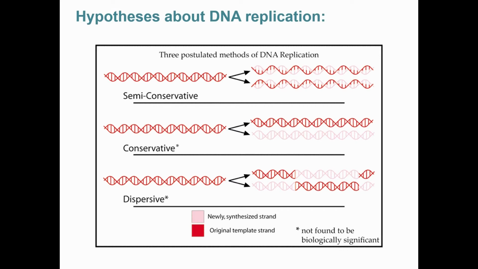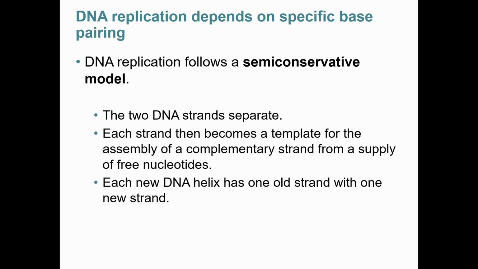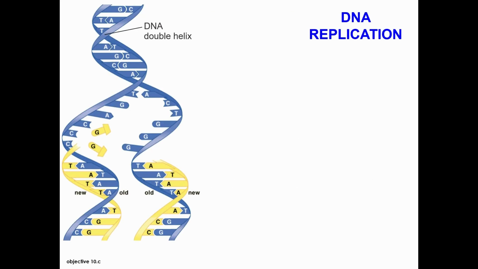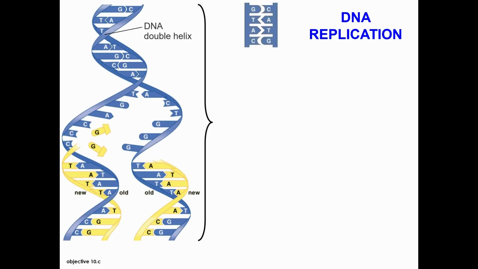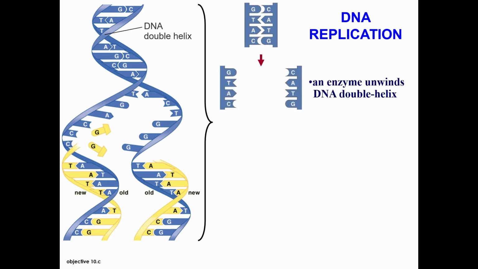This means that the 2 DNA strands separate. Each strand then becomes a template for the assembly of the complementary strand, and each new DNA helix has 1 strand with old DNA and 1 strand made of new DNA. In order for DNA replication to occur, first an enzyme has to unwind the DNA double helix. This is possible because the helix is only held together by hydrogen bonds between the base pairs.